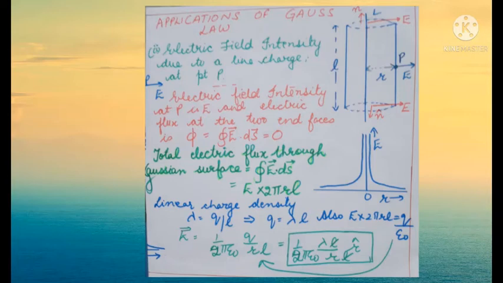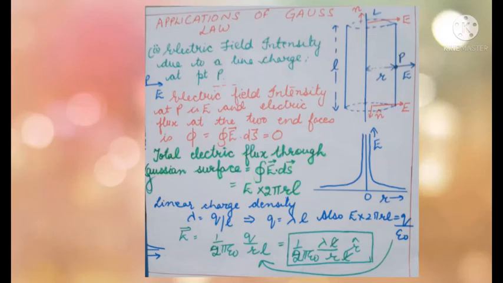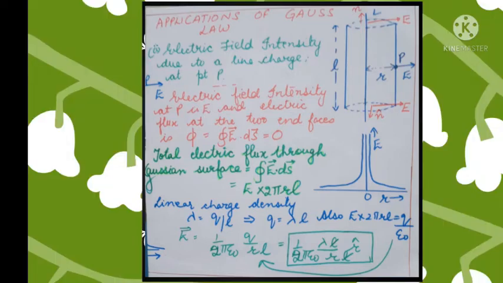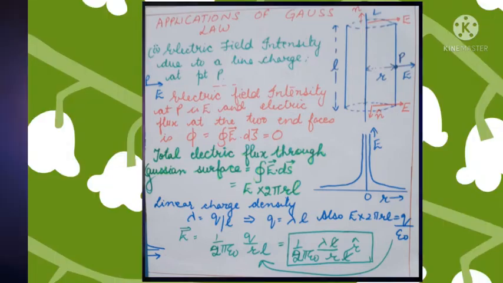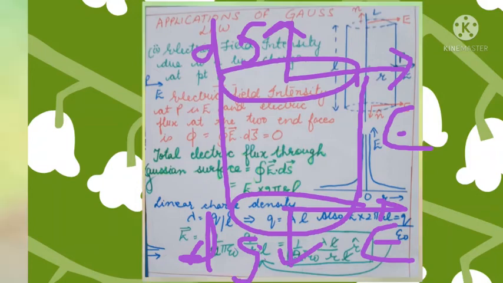Now children, electric field due to the curved surface of cylinder is somewhat different from the two faces of cylinder. As you can see in the picture, the direction of the area vector on the two faces is at 90° with the electric field.